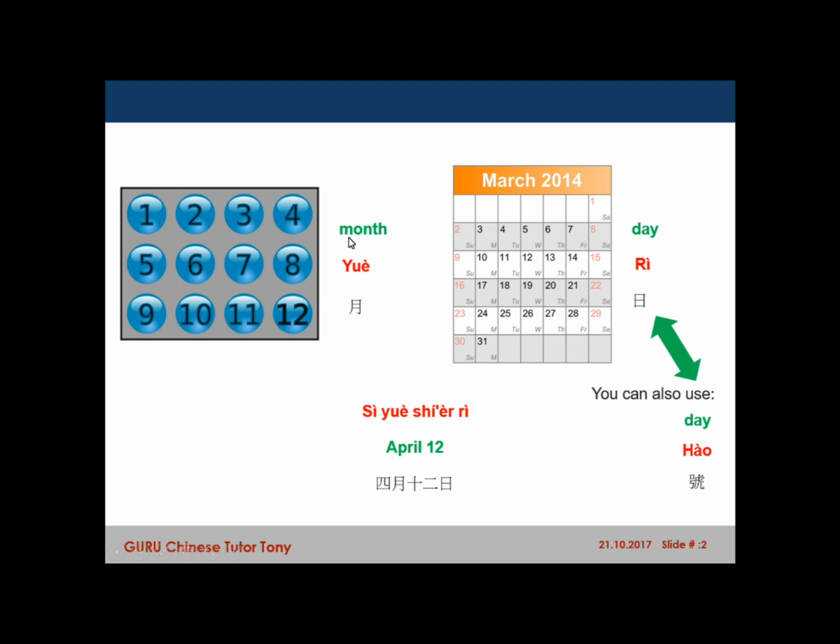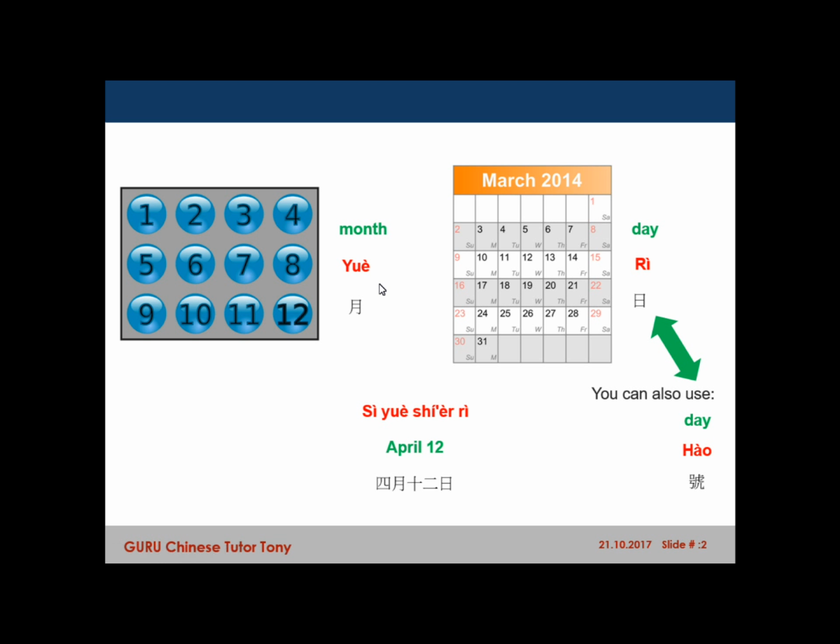1月 January, 2月 February, 3月 March, 4月 April, 5月 May, 6月 June, 7月 July, 8月 August, 9月 September, 10月 October, 11月 November, 12月 December.